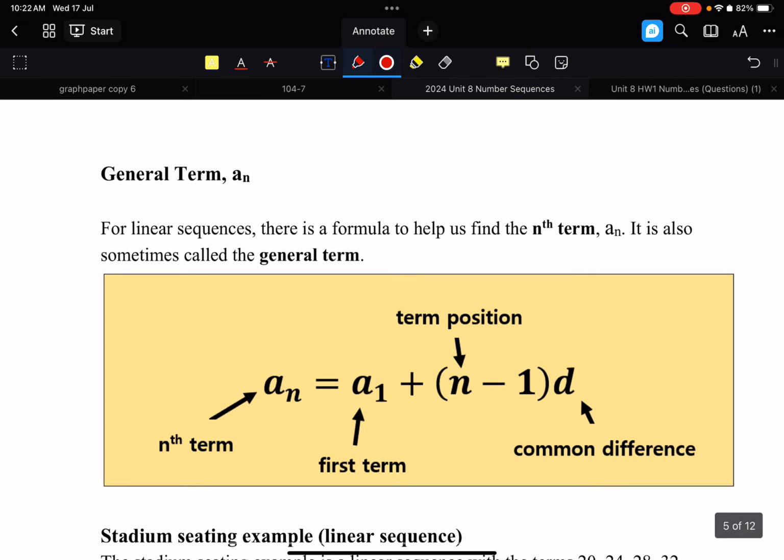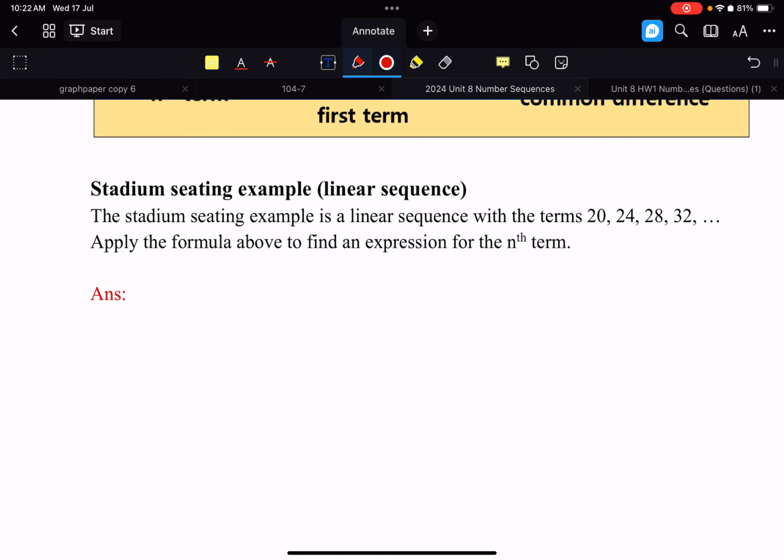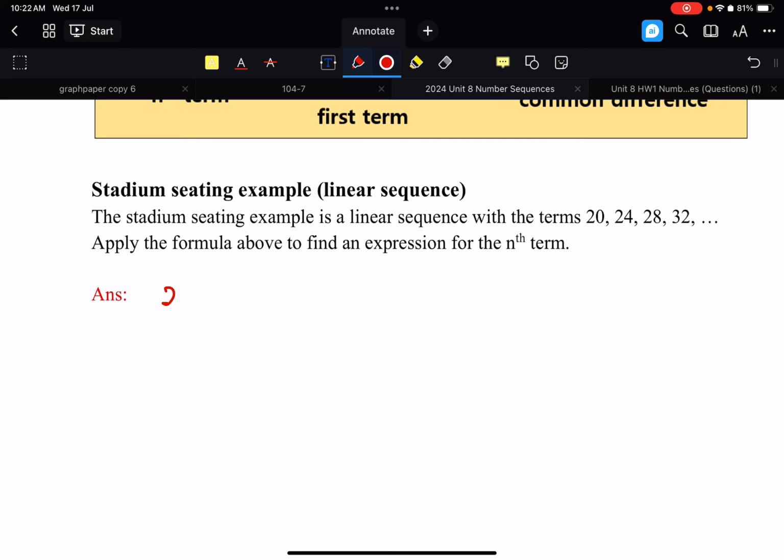And here is what we have sort of already done. This is called the general term of a linear sequence. To find any term, the n-th term, we just take the first term plus the term position minus 1, multiplied by the common difference. So let's take an example. Earlier we had the stadium example, where the first term is 20 and we keep adding 4.